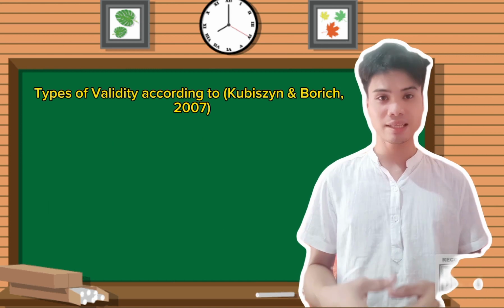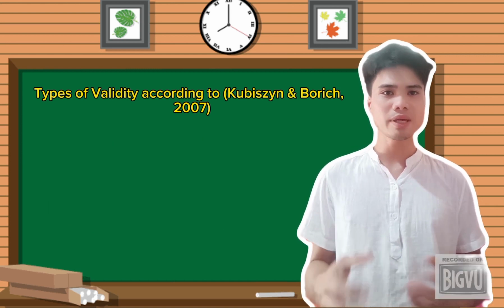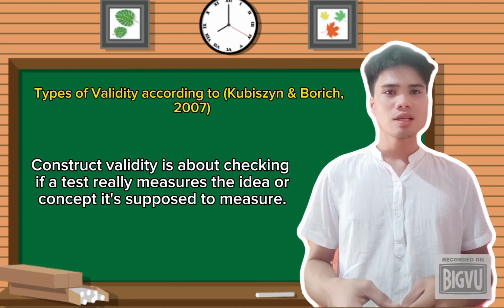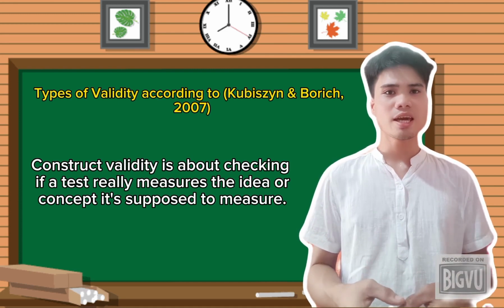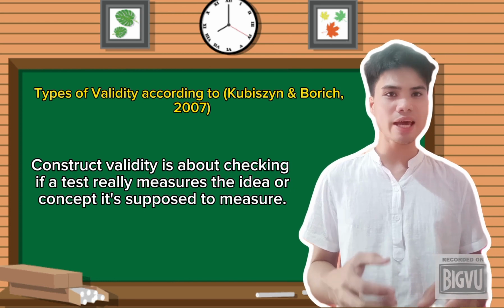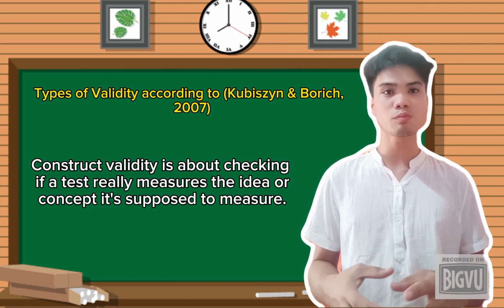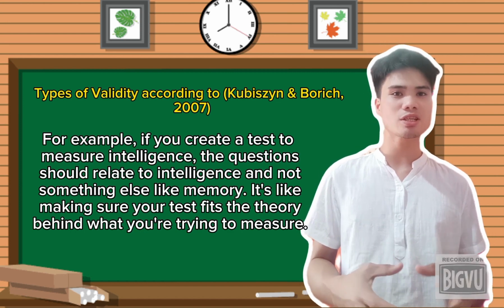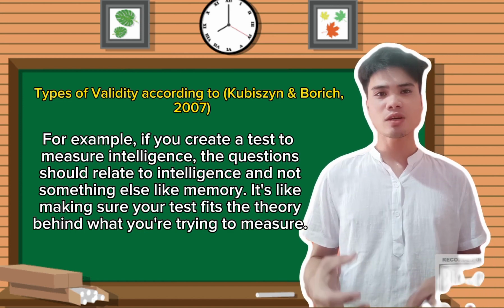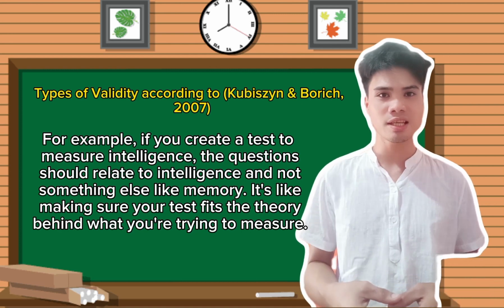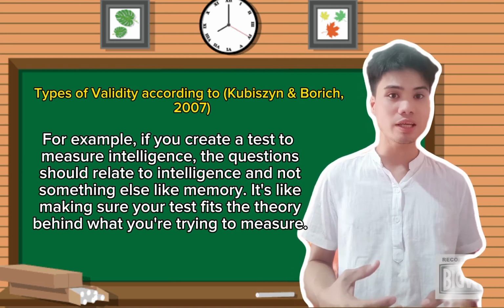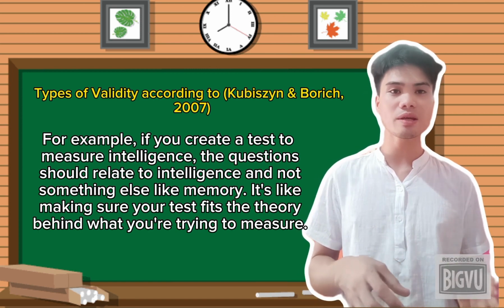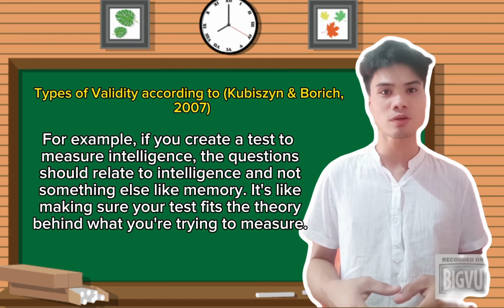So, meaning, construct validity is about checking if a test really measures the idea or concept it is supposed to measure. For example, if you create a test to measure intelligence, the questions should relate to intelligence and not something else like memory. It's like making sure your test fits the theory behind what you're trying to measure.